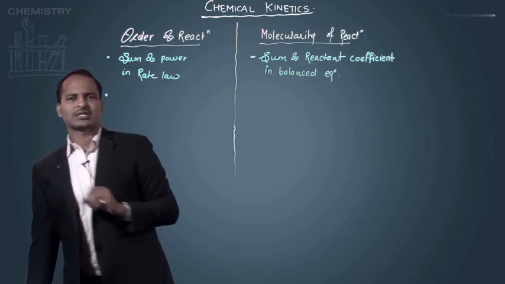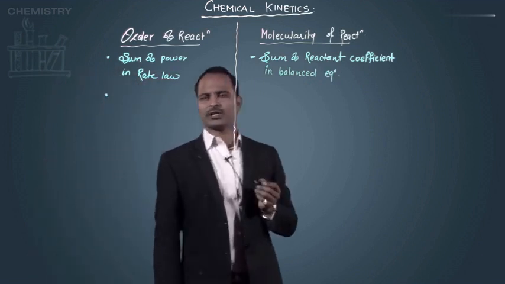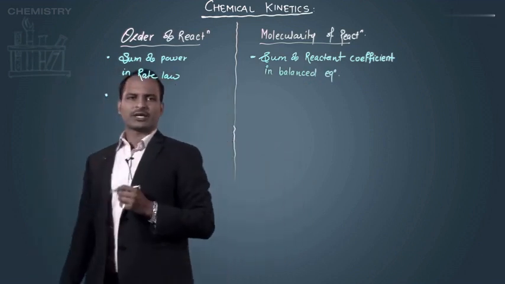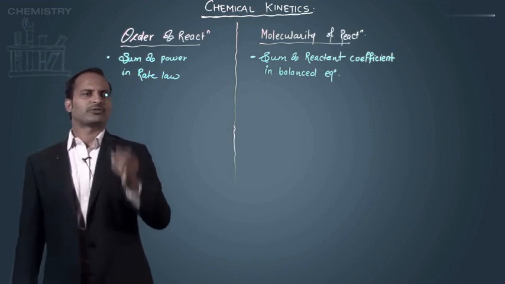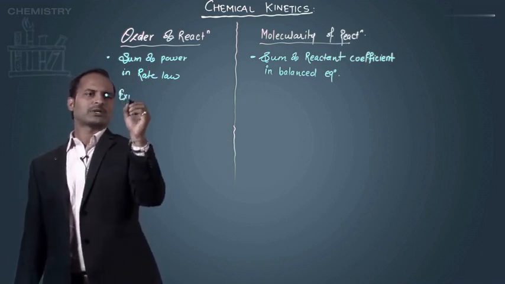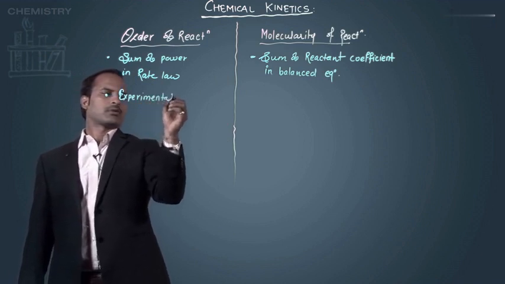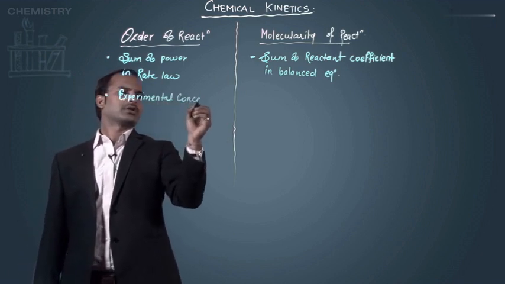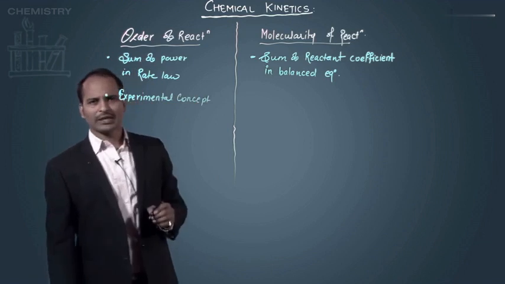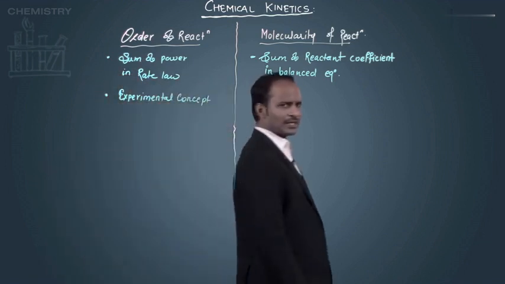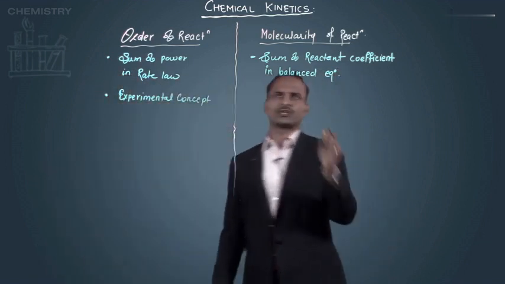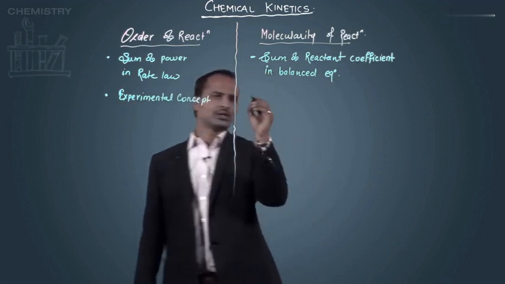Order of reaction is the sum of the powers, that is the sum of x and y. To get x and y, we have to perform an experiment. So I can say it is an experimental quantity. While to get the molecularity of a reaction, we just balance the reaction and add the coefficients.